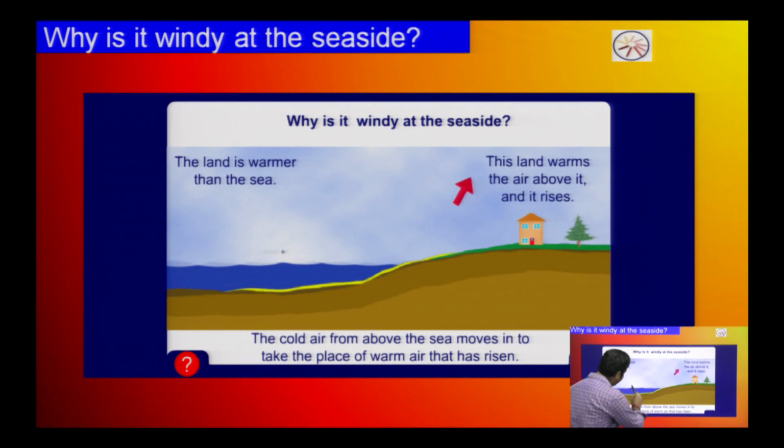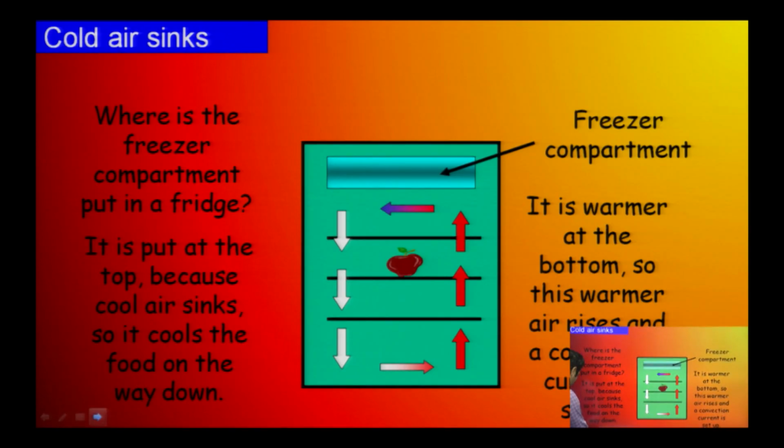So the cold air from the sea will try to take its place. That's why if you're standing near the seashore, you will have good gusty winds touching your face. It will be very windy, very breezy. So this convection is very important to build a nature system. So let's go.